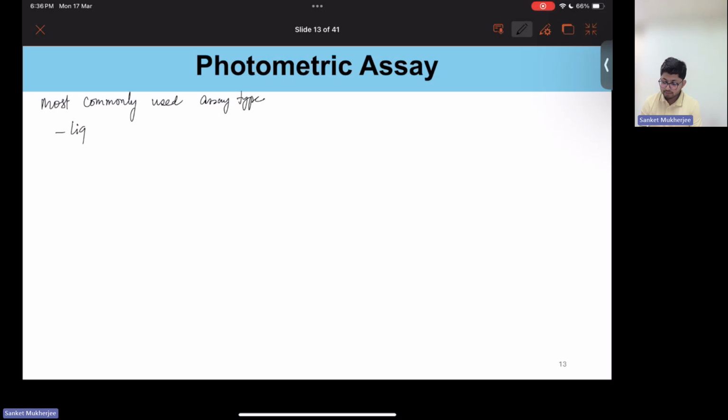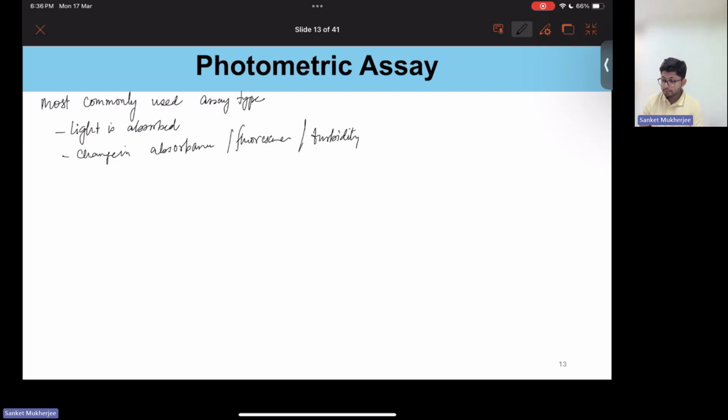So usually light is absorbed, and we see this light absorption. It could cause change in fluorescence, absorbance, fluorescence, or the turbidity. So we'll see all of this.